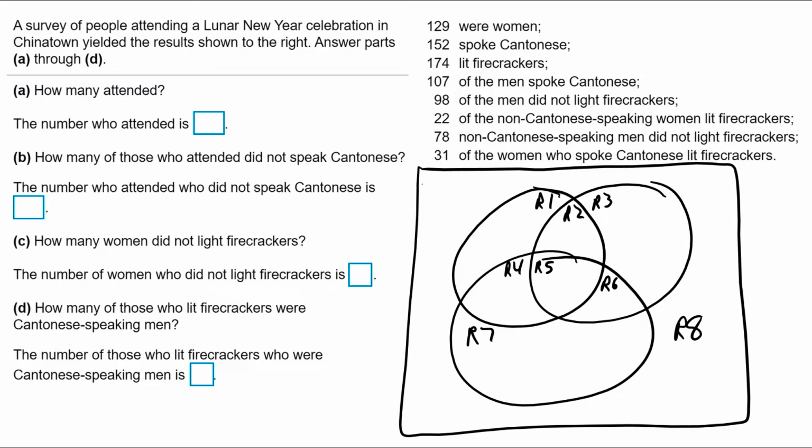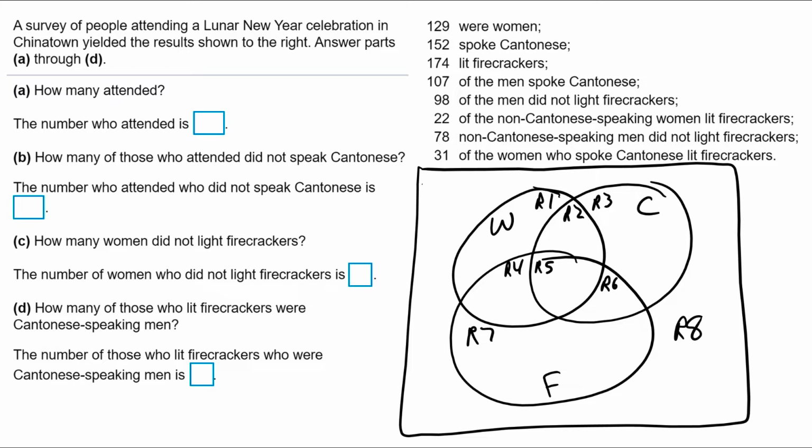So, for example, 129 were women. We need to label our Venn diagram, of course. So let's make this women, Cantonese, and then firecrackers. How we decide how to label the Venn diagram is we just want to make sure not to put both something and its opposite in two different sets.